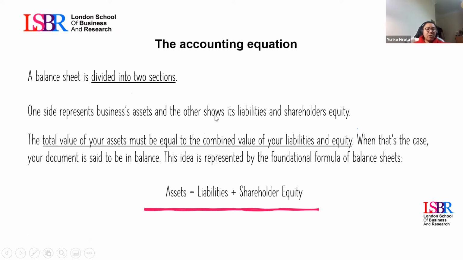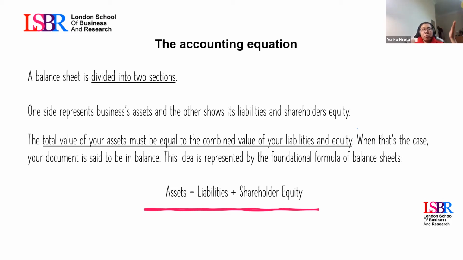Now, let me check the time. We have 5 minutes more. We're going to see the balance sheet. The balance sheet, as I was telling you, is divided into sections. One side of the balance sheet represents all the assets, the other liabilities and equity.